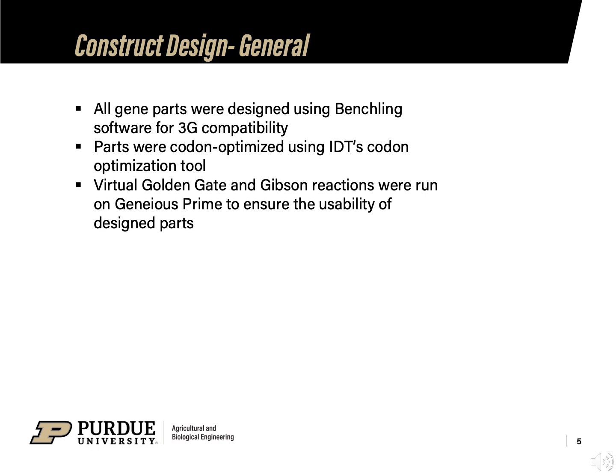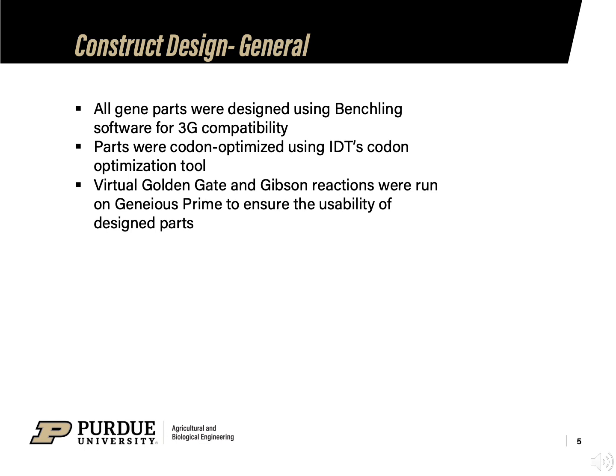But additionally, we also had to add ending sequences on both ends of the gene so that they could be used in the standardized method of 3G assembly. For example, all of our protein encoding genes had to have C and D linkers on them so that they could be used in the standardized method.